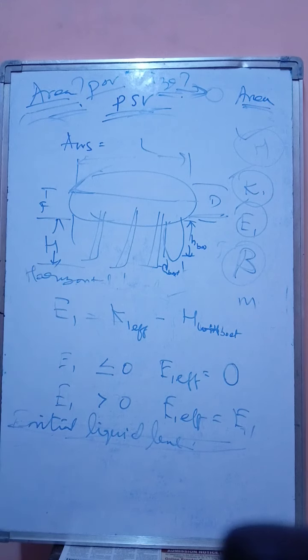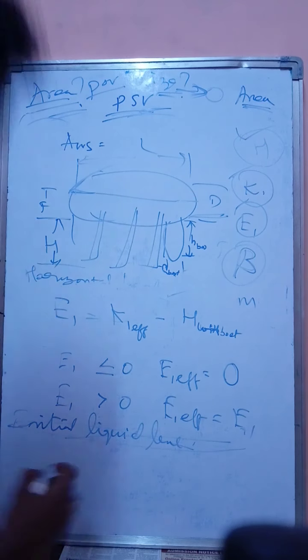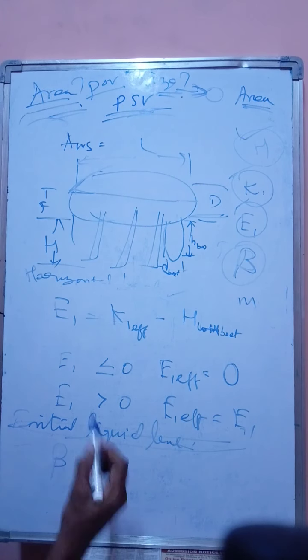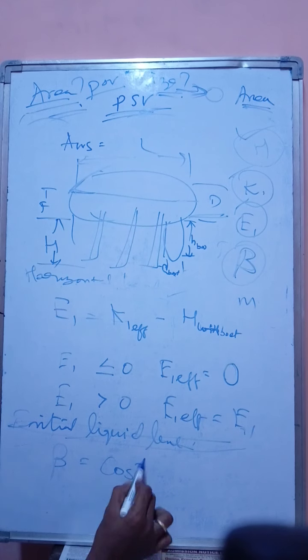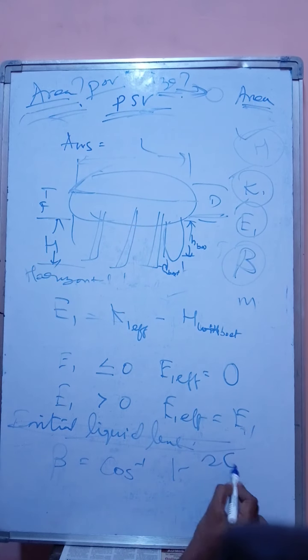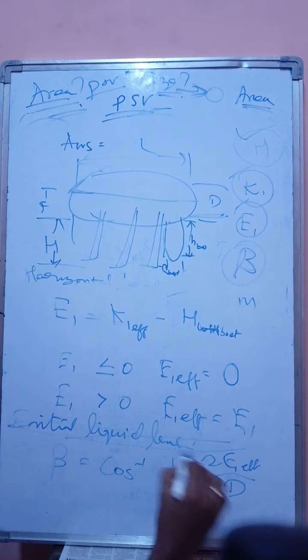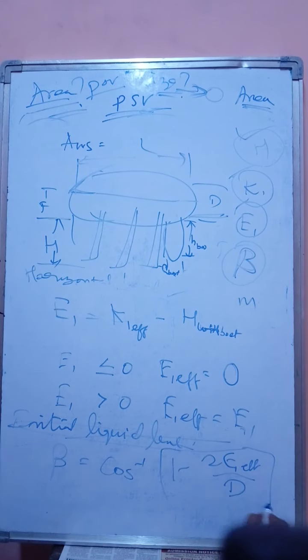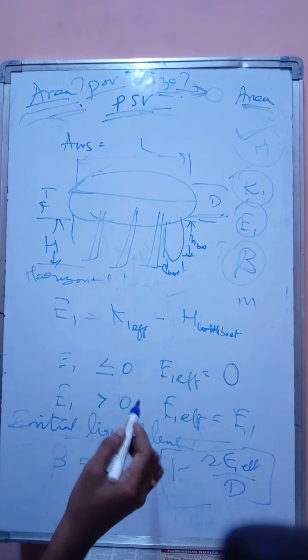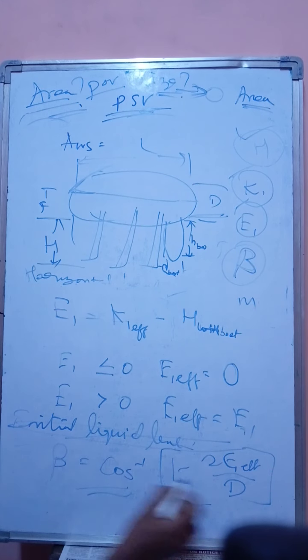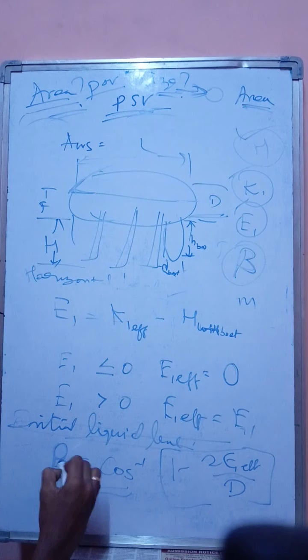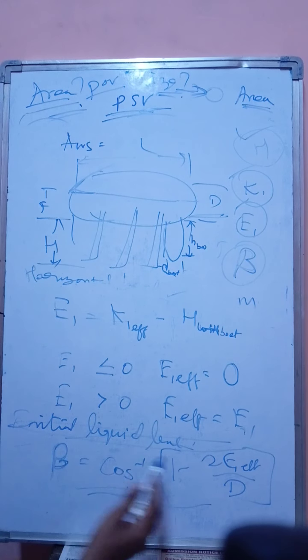For that also we have one formula, which is beta is equal to cos inverse of 1 minus 2 E1 effective divided by the dia of the tank, right? So by using this formula, we can find out the liquid level angle.